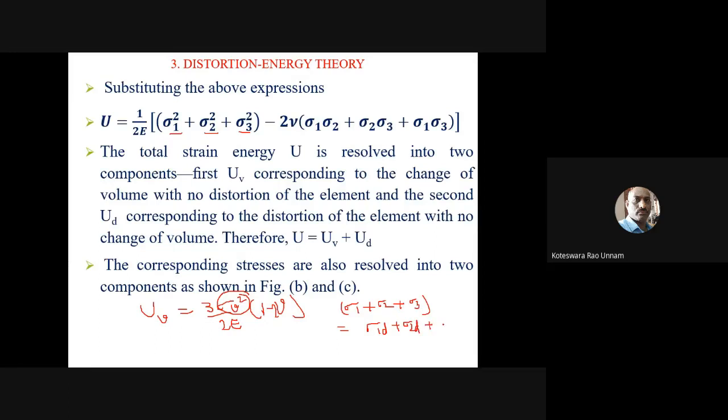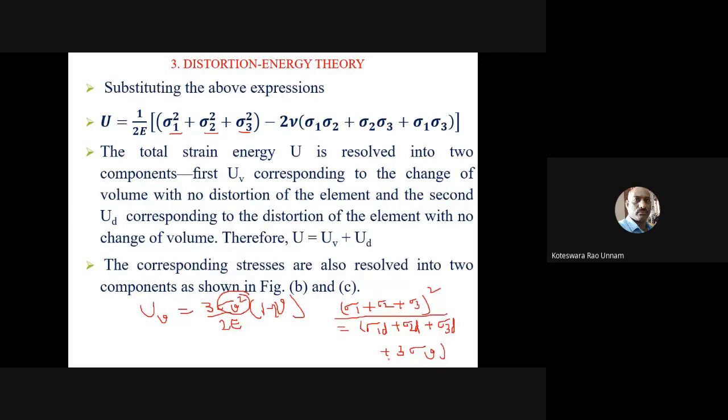Now if I square this, I need to square this side also. Or else I'll try to find out the volumetric change, and what the strain energy is; in that way also you can do it, or like this also I can do it.